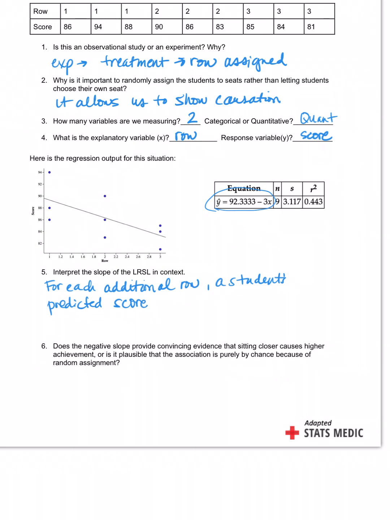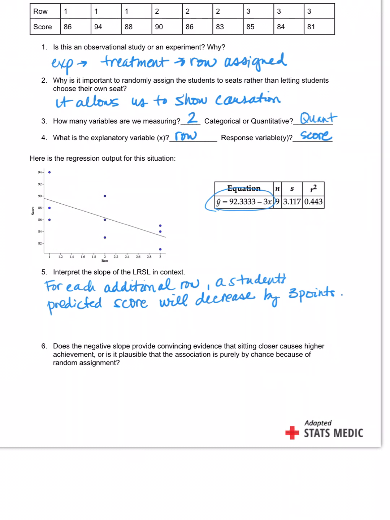Gotta have that word predicted. Will what? Decrease or increase? Decrease by 3 points. You don't want to say decrease by -3. No. Decrease takes care of the negative, right? Use your thinker. You can do this. All right, that's just repeat.